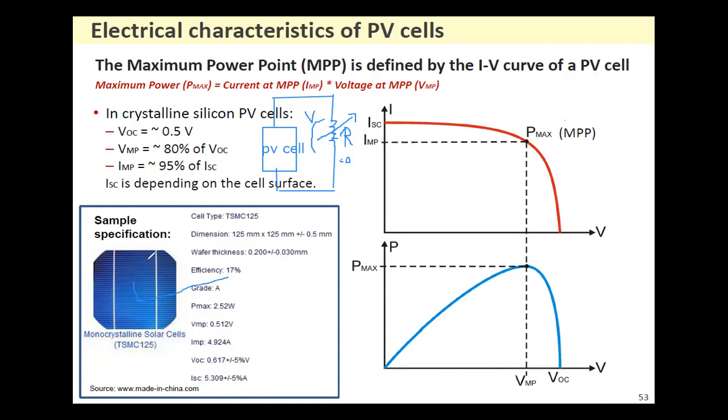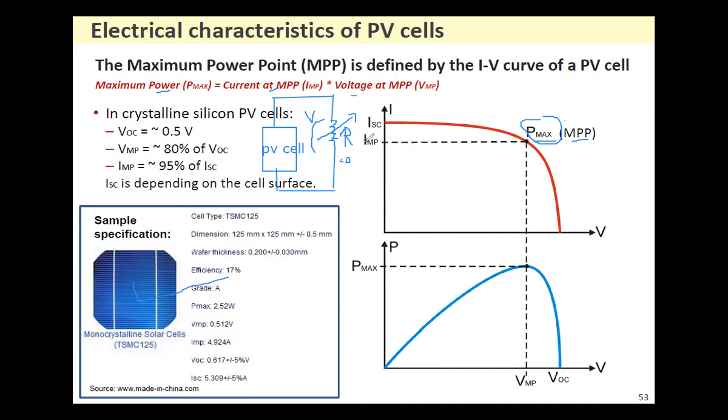Now, what more information is available here is the maximum. What is meant by the power maximum? Now you know that the power is the current multiplied by the voltage. Now there are different instances.